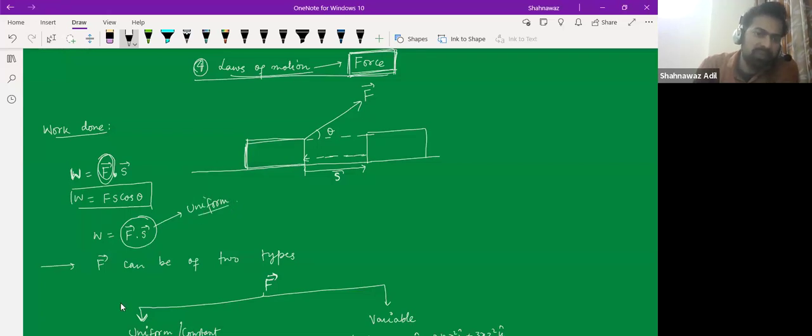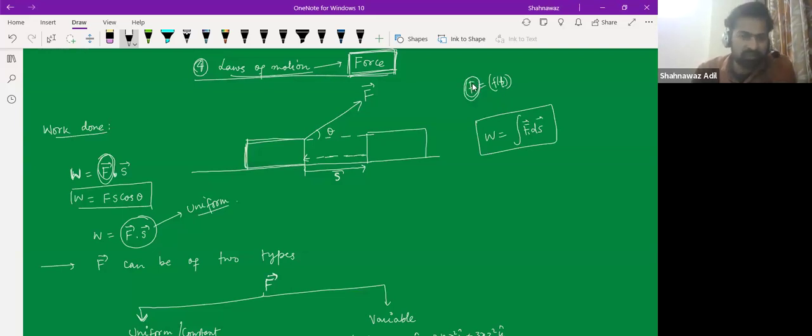If you have a non-uniform force, let's say F is a function of S or time, then you have to integrate this. Then the work done would be integral of F dot ds, right? So depending upon the kind of force, there are two types of work done.